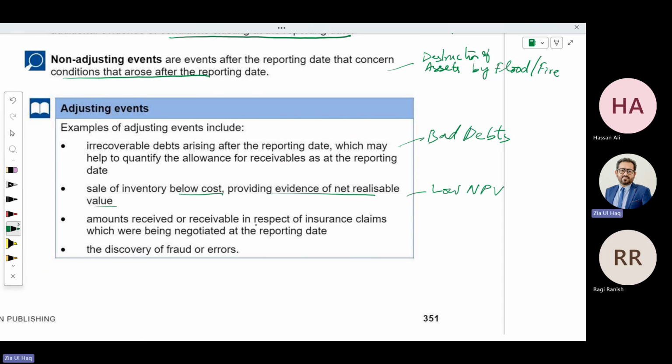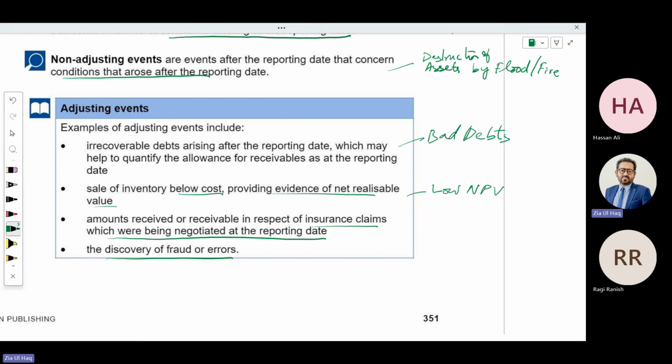Amounts received or receivable in respect of an insurance claim which was being negotiated at the reporting date. Meaning after year end, there was a loss to the company. The company recorded the loss, but after year end, the company received the amount from the insurance company. This means the company needs to omit that loss from the financial statements, because that loss is not borne by the company, it is recovered from the insurance company.